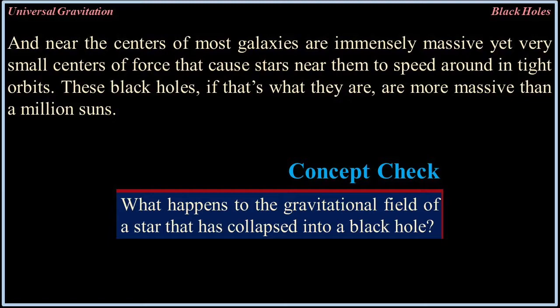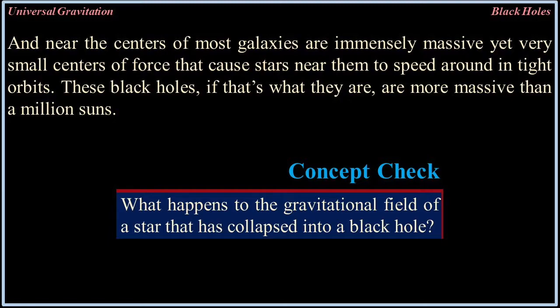And near the centers of most galaxies are immensely massive yet very small centers of force that cause stars near them to speed around in tight orbits. These black holes, if that's what they are, are more massive than a million suns.